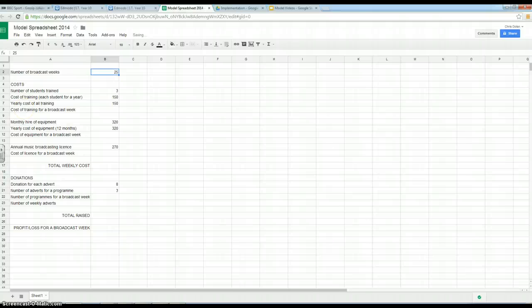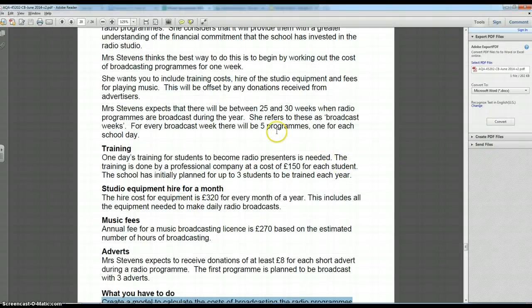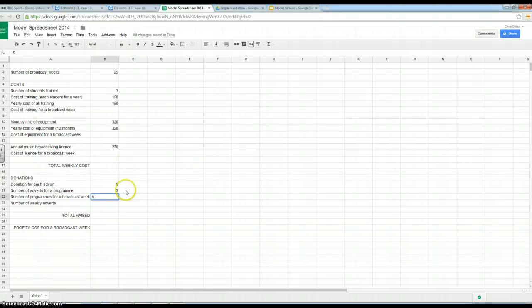That could possibly be changed. The other thing it said earlier on is number of programs for a broadcast week, and that was 5. Yeah, 5 programs for each week. So that's the rest of the data entered that we have.